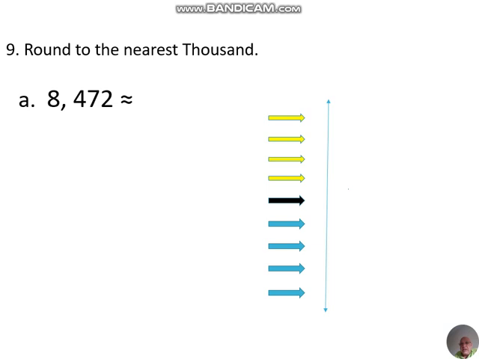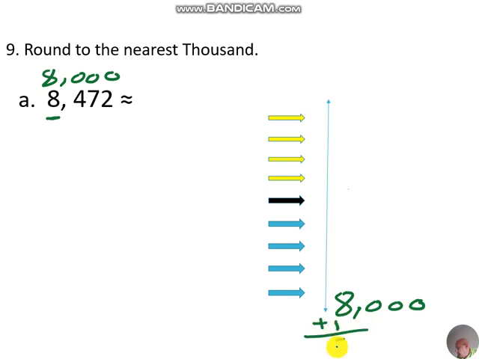Okay, round to the nearest 1,000. This is the 1,000 place. I turn each digit after the 8 to zeros. I write 8 here, and this is 000, and this becomes the bottom. I add 1 to the 8, it becomes 9,000, and this becomes the top.